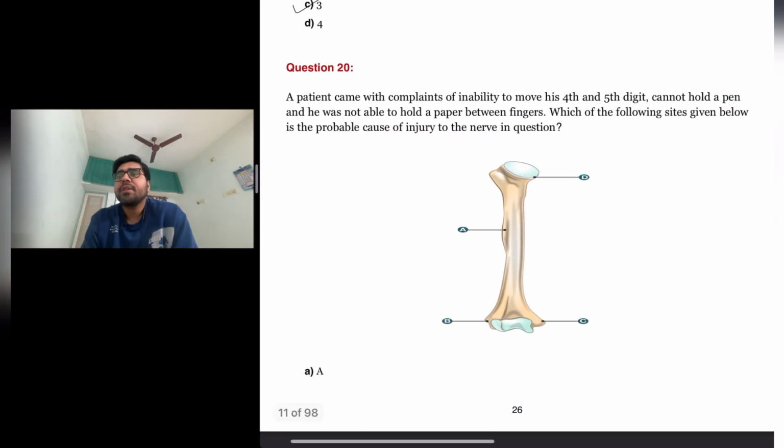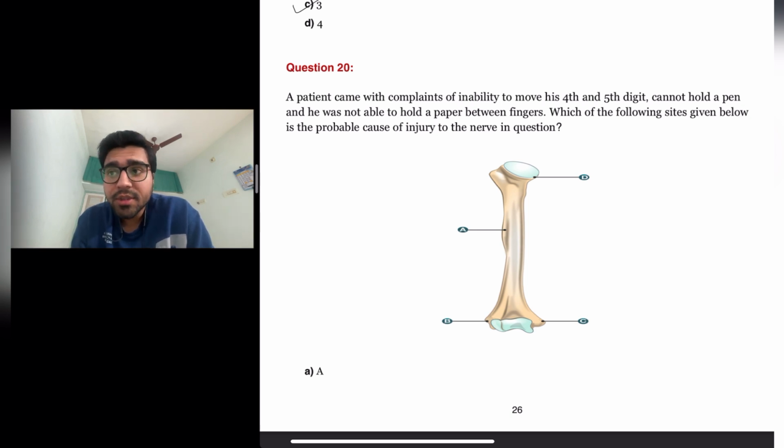A patient came with a complaint of inability to move his fourth and fifth digit, cannot hold a pen, and he was not able to hold a paper between his fingers. Which of the following sites given below is the probable cause of injury to the nerve in the question?